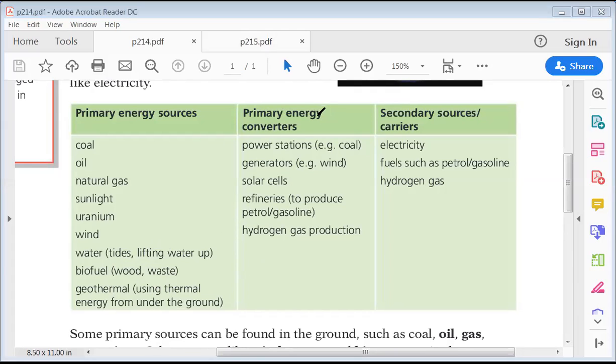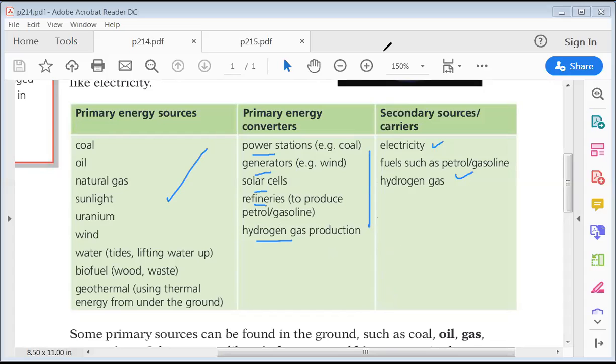We have power station generators, solar cells, refineries, and hydrogen gas production. From the secondary sources, we can generate electricity. We can get fuel, such as petrol, gasoline, and hydrogen gas, by these converters. So from the primary source, we can convert them into these secondary sources. Is it clear? Yes.